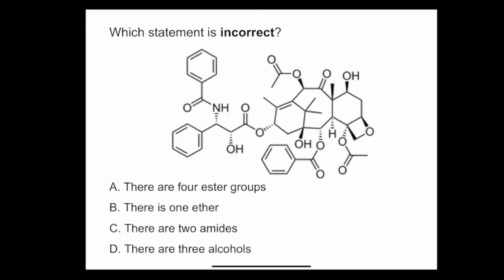All together, A, B, C, or D, this is? C. I agree with you. So, there are 4 esters.